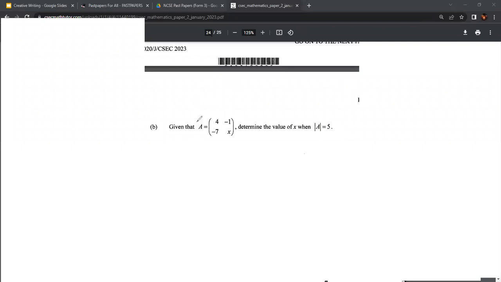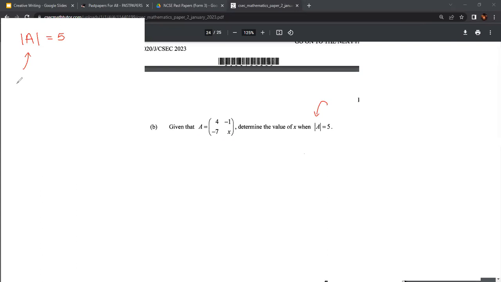All right, so for this one, they asked us to determine this, right? And they gave us that matrix A is equal to this one. Now, first things first, we need to know what this means.